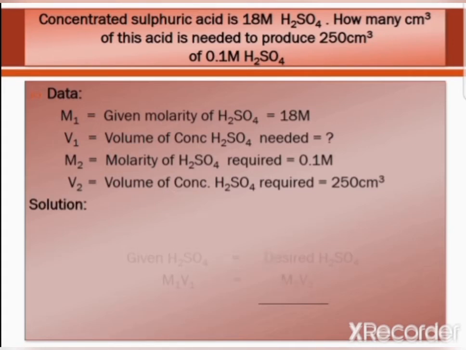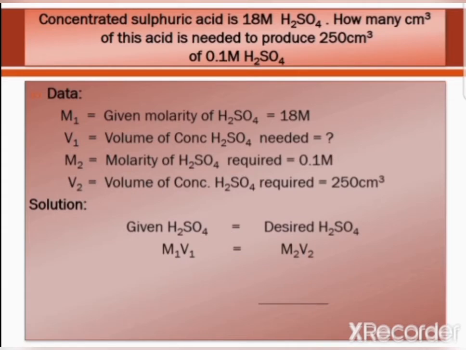Now, solution. By using the dilution formula, M1V1 is equal to M2V2. M1V1 is the molarity and volume of given sulfuric acid, whereas M2V2 is the molarity and volume of desired sulfuric acid which is to be prepared.